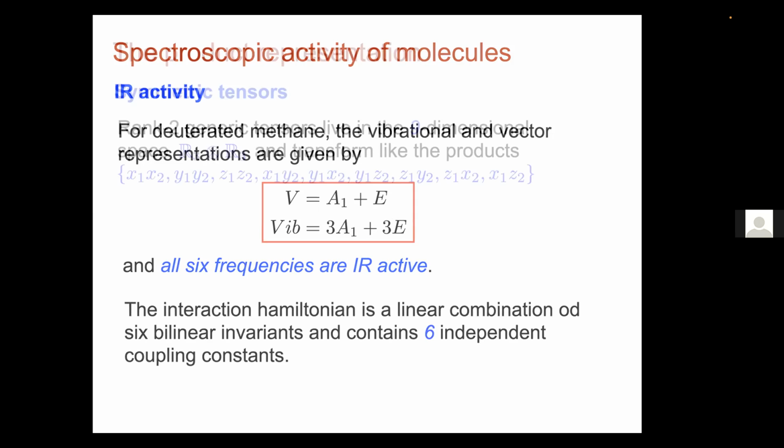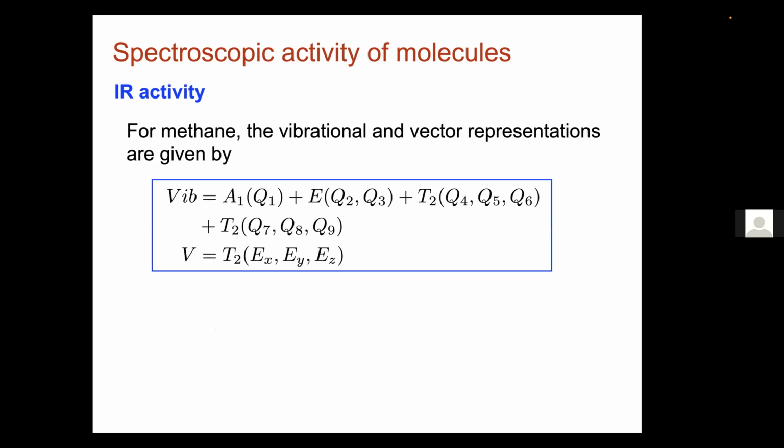Okay, before we move on to the Raman activity, let me point out something. Nobody has asked me one question. If you remember, last time I used lowercase q in this decomposition. Now I'm using capital Q. Why is that? Why have I changed from lowercase to capital Q?